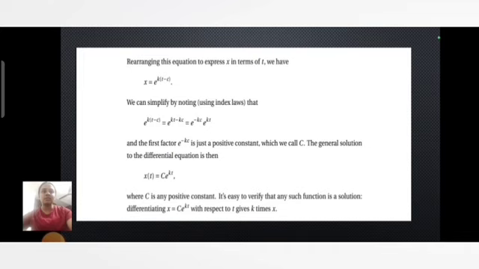And the first factor, e to the power minus kc, is just a positive constant which we call C. The general solution to the differential equation is then x(t) is equal to C e to the power kt, where C is any positive constant. It's easy to verify that any such function is a solution. Differentiating x is equal to C e to the power kt with respect to t gives k times x.